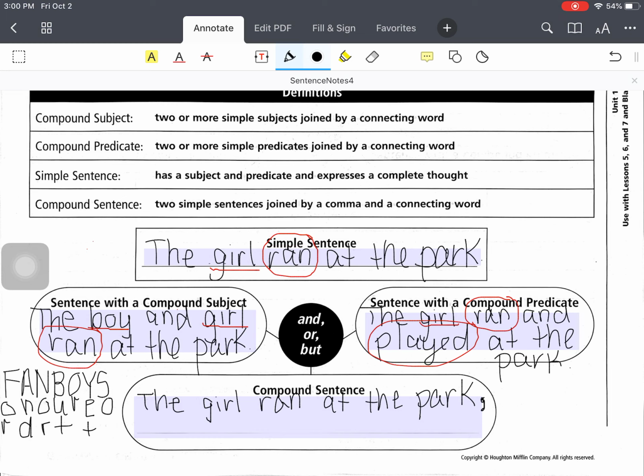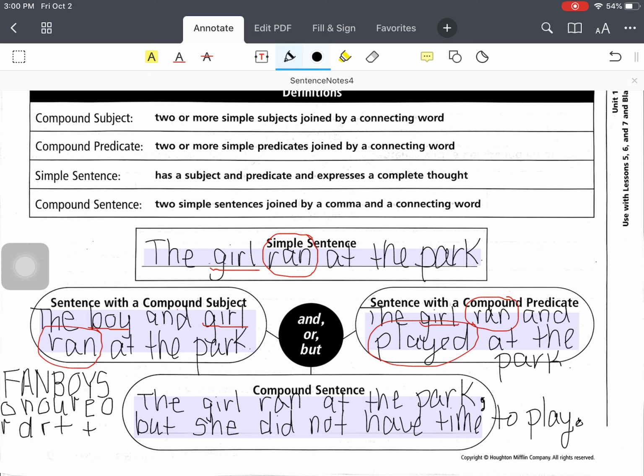And my second sentence is going to be that she did not have time to play. So if it is something that's going to be contradicting like that, so the girl ran at the park, comma, I'm going to use but. But she did not have time to play.